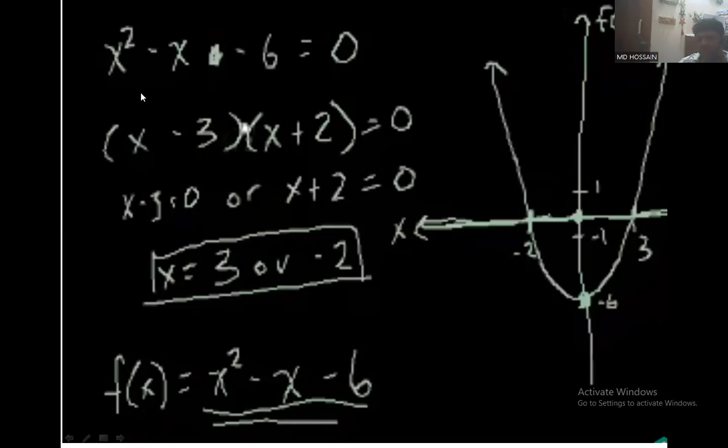Now the equation x square minus x minus 6 equal to 0, we have now the two value, x equal to 3 or x equal to -2. So if we consider the function f of x equal to x square minus x minus 6, where when the value of x equal to 0, then -6.